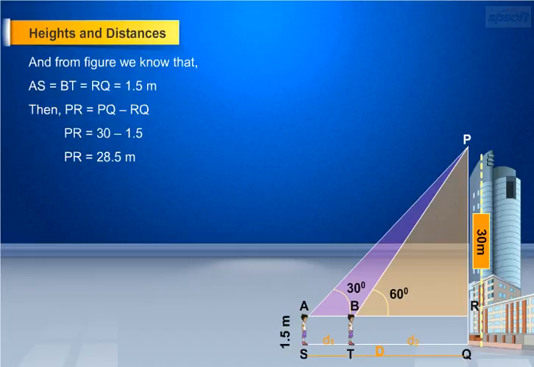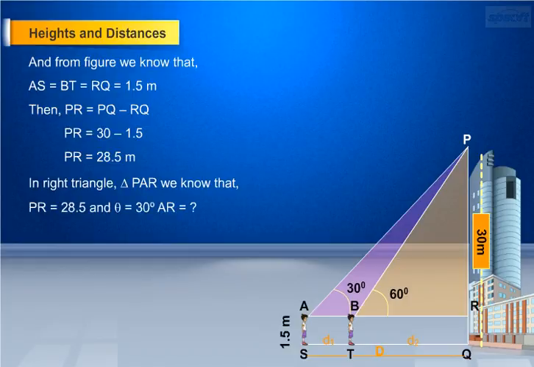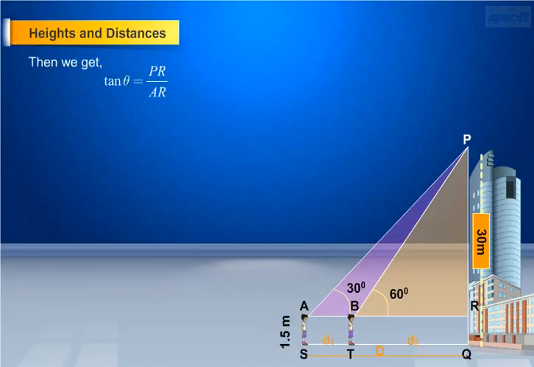In right triangle PAR, we know that PR equals 28.5 and theta equals 30 degrees, and we need to find AR. To determine AR, we choose the trigonometric ratio tan theta, as the ratio involves both PR and AR. Since tan theta equals opposite side by adjacent side, we get tan theta equals PR by AR.